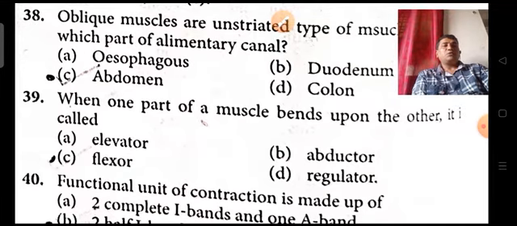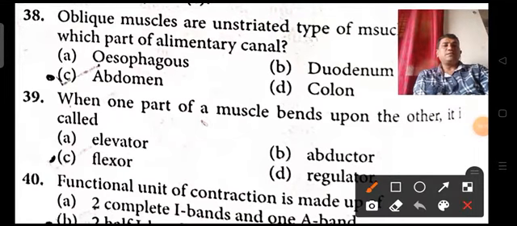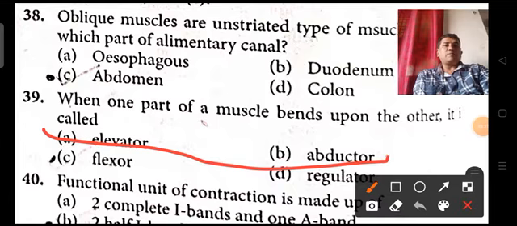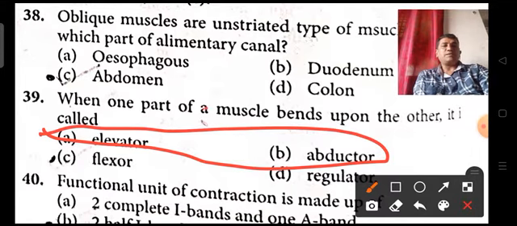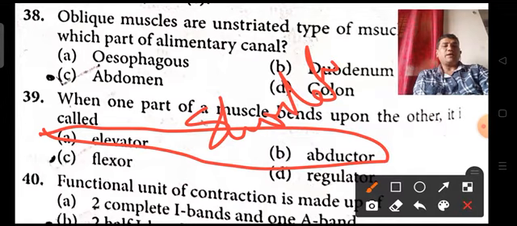The flexor muscle brings the limb towards the shoulder.